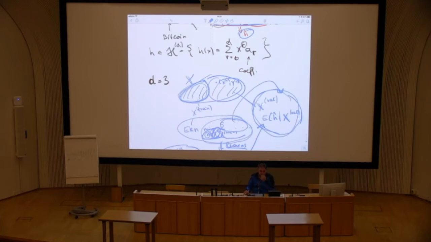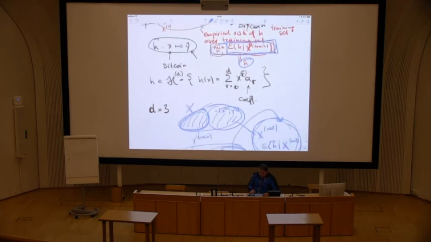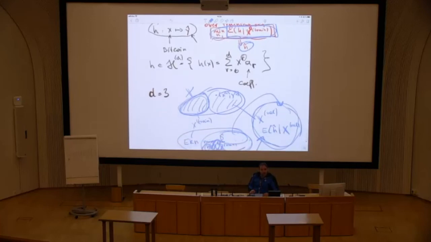The question was how can we avoid that outliers affect the model?